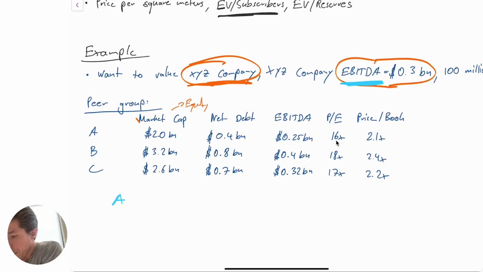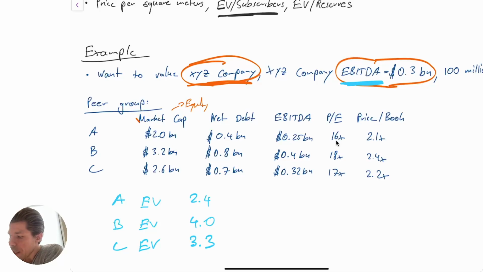For A, B and C, EV would be 2 plus 0.4, 3.2 plus 0.8, and 2.6 plus 0.7, which is 2.4, 4.0, and 3.3. So I have my EV.